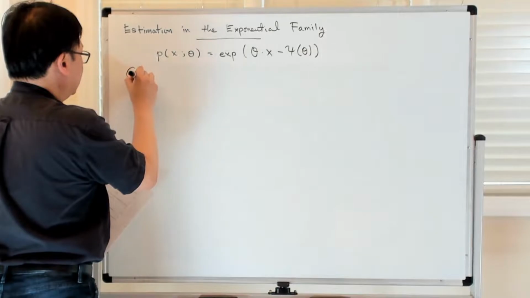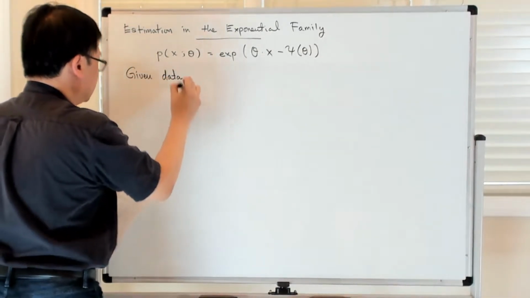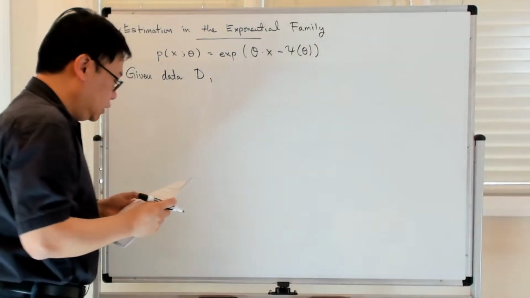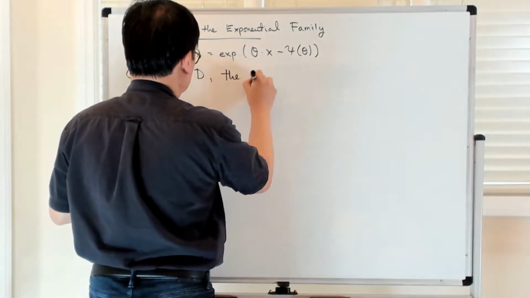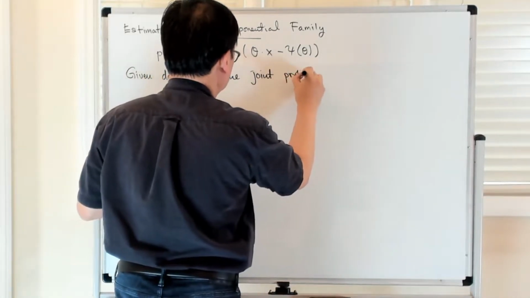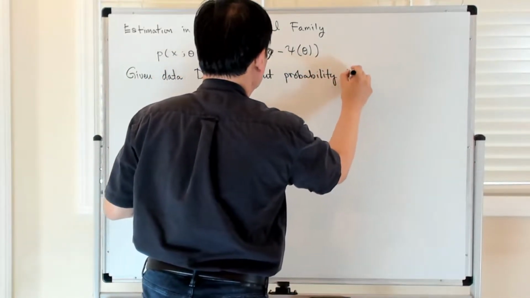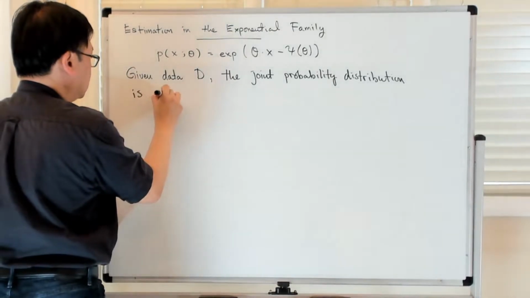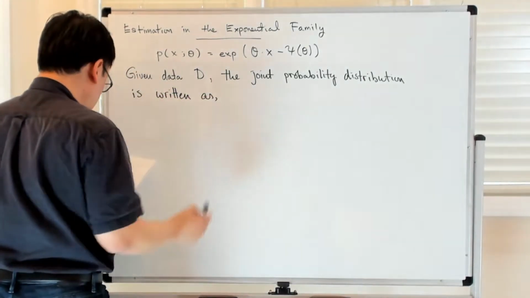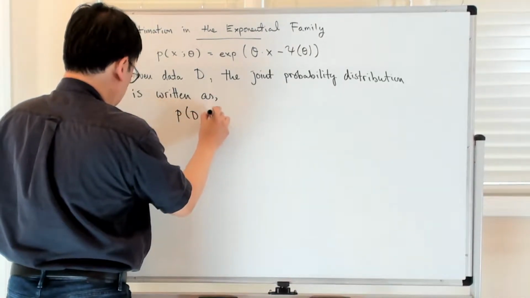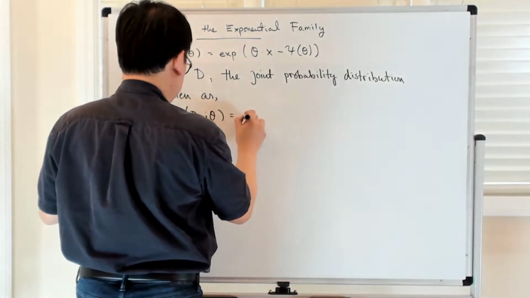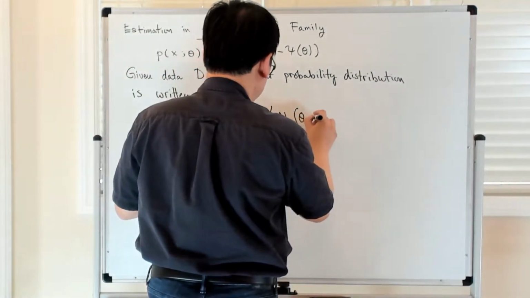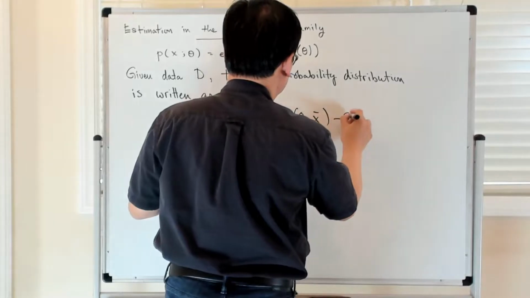So let's say you're given data D, then the joint probability distribution can be written as follows. P of D given theta is the exponential of n times theta dot x bar minus n psi of theta.